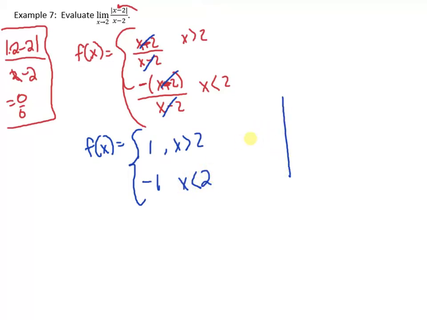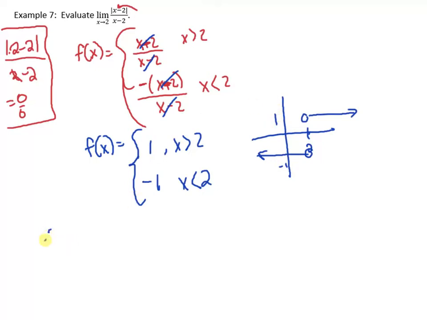Okay? So in other words, it doesn't even matter what's actually happening at 2, and that's a good thing because there's going to be a hole at 2 because we cancel them out, numerator and denominator. But that's fine. Let's call this 2. When x is greater than 2, we're dealing with the horizontal line 1, and when x is less than 2, we're going to deal with the horizontal line -1.